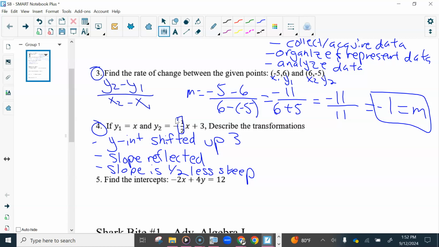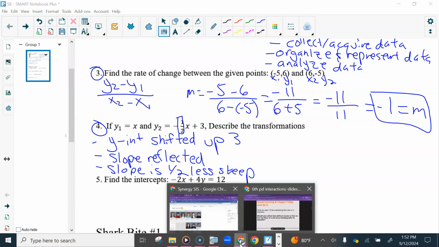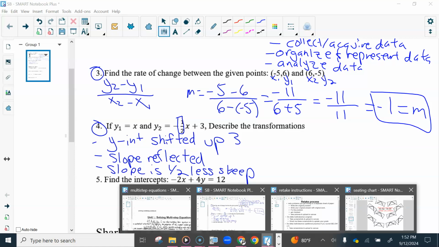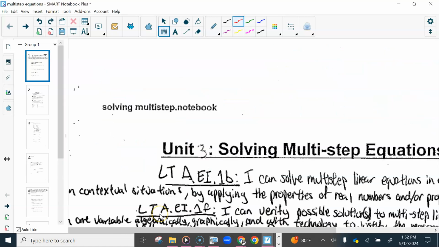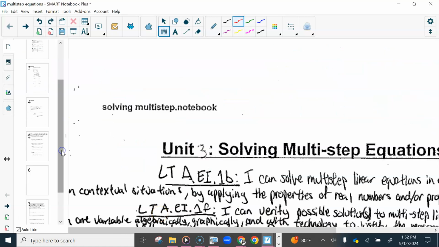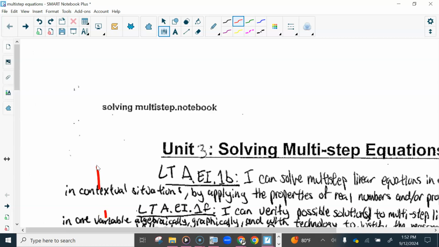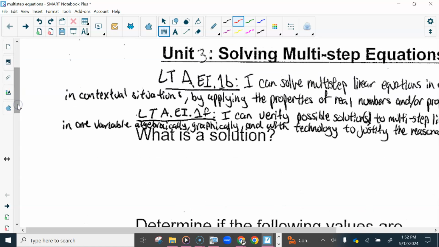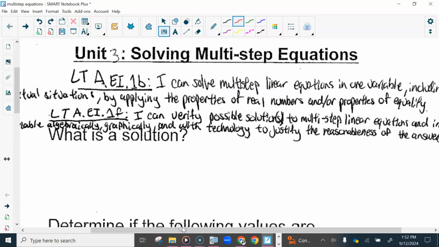Okay. So keeping all that stuff in mind. This entire unit is about solving equations in different formats. So take note of the objective learning targets at the front of your notes, being able to solve multi-step, being able to verify.